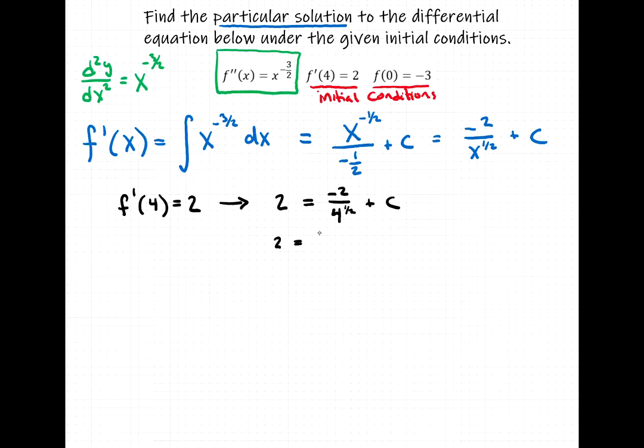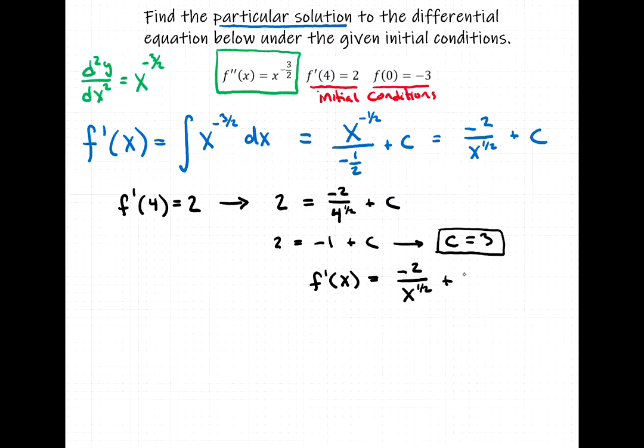So 2 is equal to -2 over 2, which is -1, plus c, or c is equal to 3. So there's our first constant of integration. That tells us that f prime of x is equal to -2 over x to the 1/2 power plus 3.